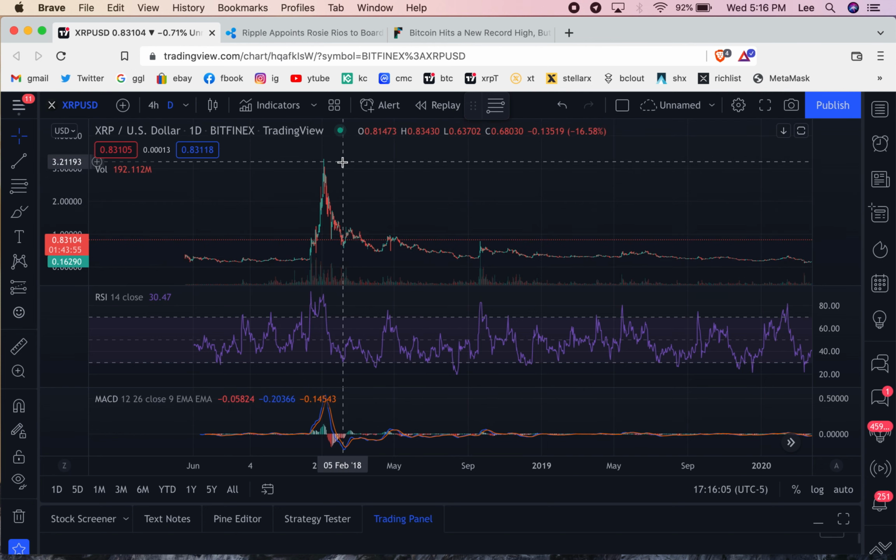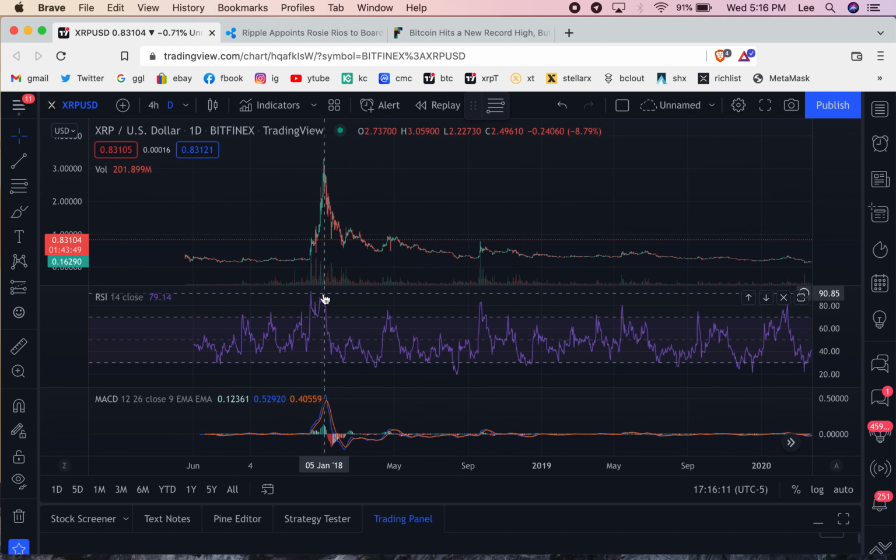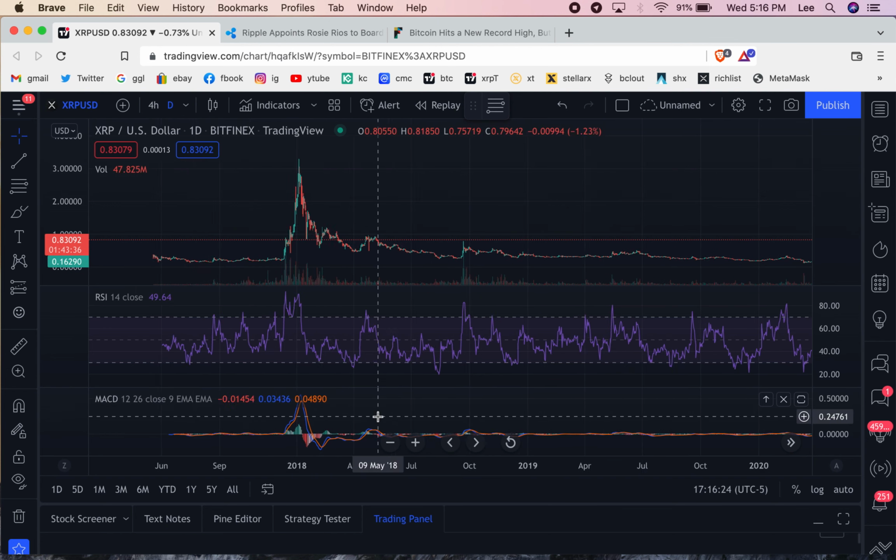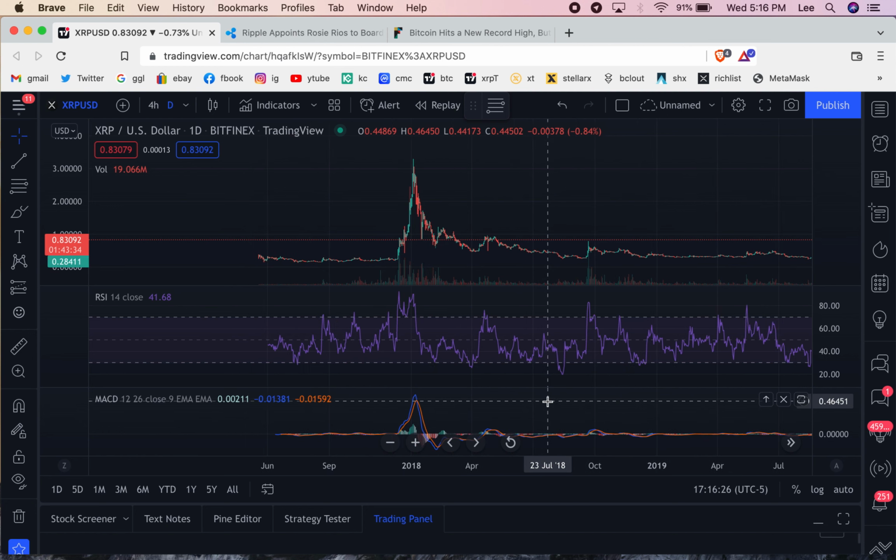So I just want to show you some of these little indicators that happened. It doesn't show 3.68 here, but it shows 3.25. So what happened here? The RSI on the daily was 93. That's at the height here. Well, it's in the 90s, 89 on the daily. But then you can look for this MACD right here.